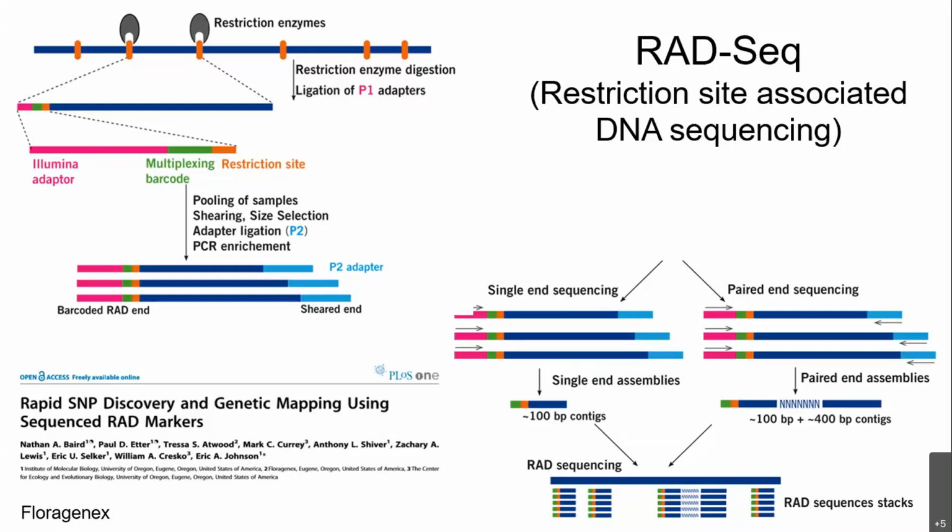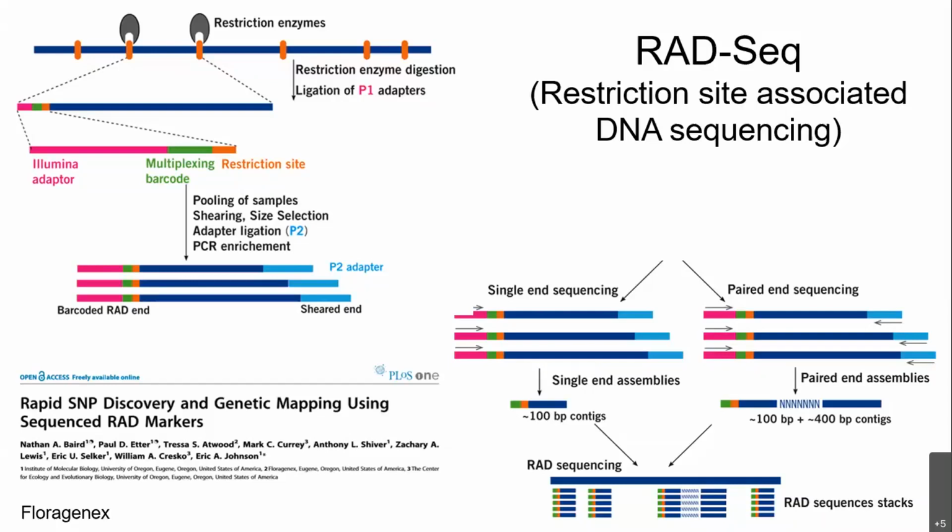Then, using a variety of different programs, you take those loci and stack them together, and then you enumerate allele frequencies and other population genetic parameters based on that.